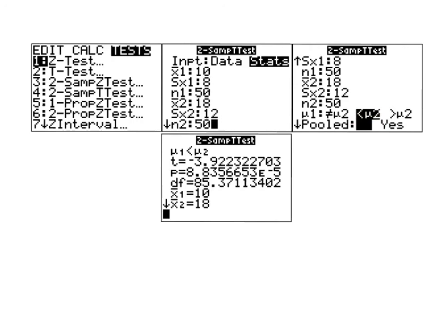The fourth screen down here shows you the results of running the two-sample t-test. Again, same t-value, but different p-value in this case. P-value being 8.8 times 10 to the negative 5, so a factor of 10 smaller, and that is due in part to the degrees of freedom. And this goes back to that formula from page 369 that we were talking about earlier in the video, that this is the very accurate degrees of freedom, not the conservative degrees of freedom.